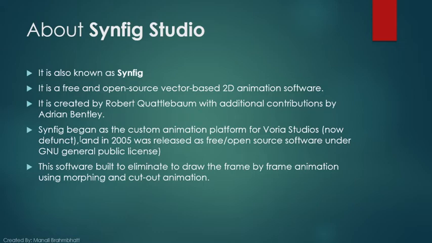So it's a well-known vector-based 2D animation software. Since it's vector-based, any shapes you can create with the help of nodes and lines, and it's very easy to reform that shape and apply further animation.